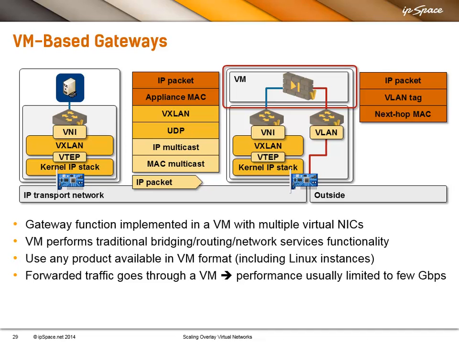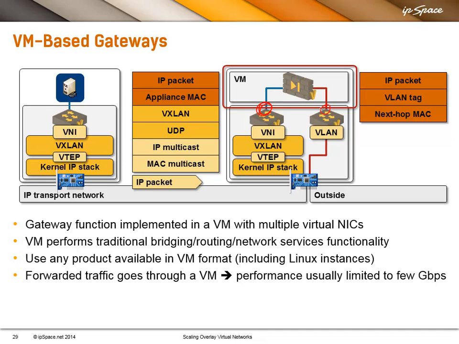You can also put an A10 or F5 or Citrix or whatever load balancer there, or a firewall from your preferred vendor. And then you just connect that VM to multiple subnets, or let's call them segments. One subnet here might be VXLAN based, or GRE based if your solution uses that.